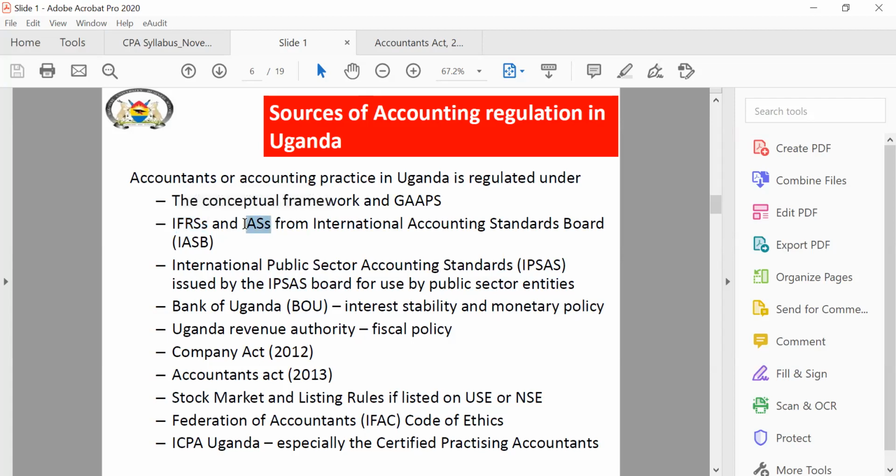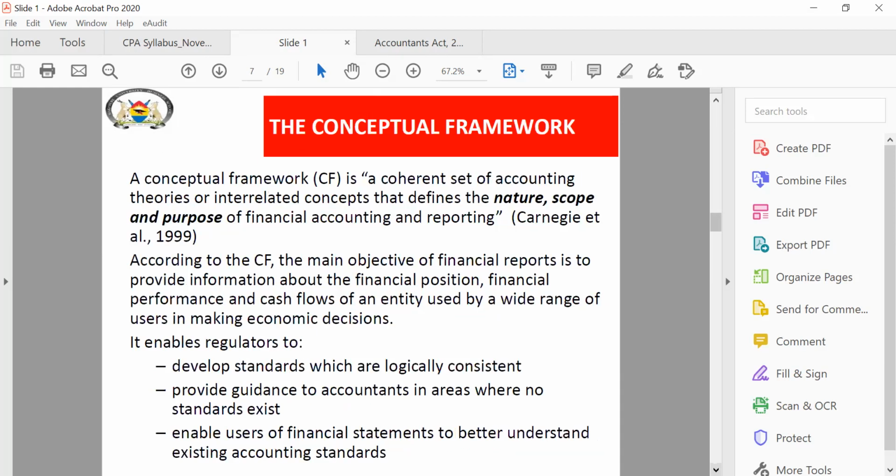And then we have IASs from the International Accounting Standards Board. Okay. And then the other is the conceptual framework. Okay. And the generally acceptable accounting principles. So this is also okay.